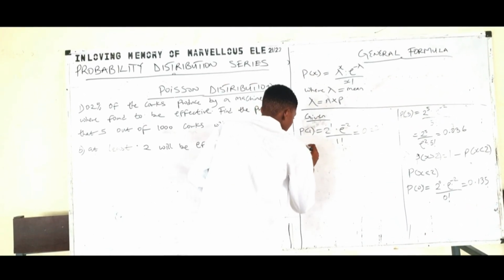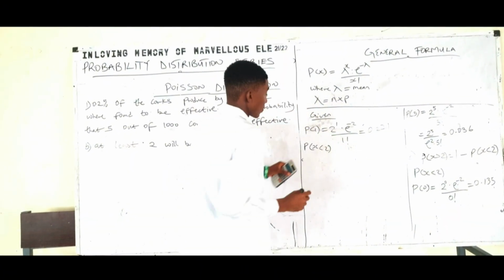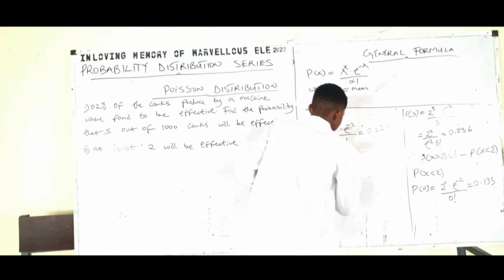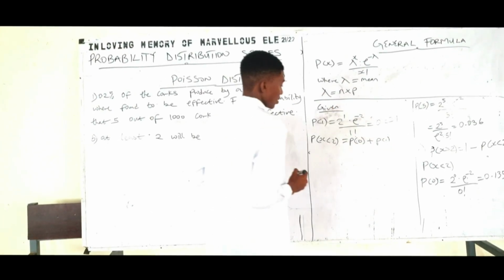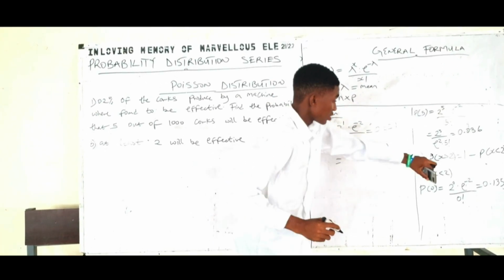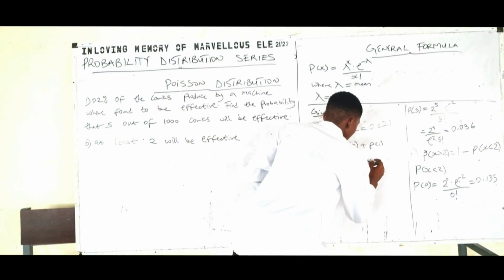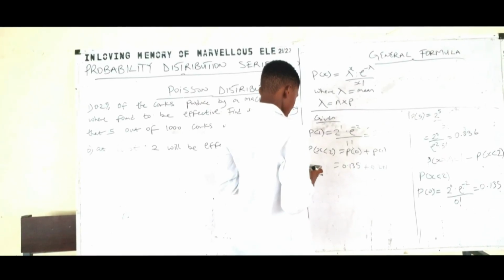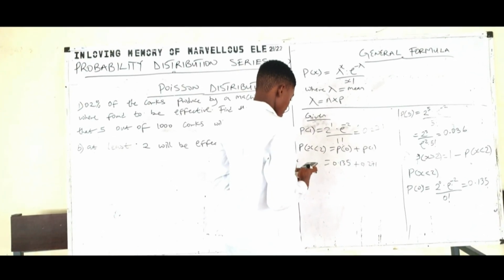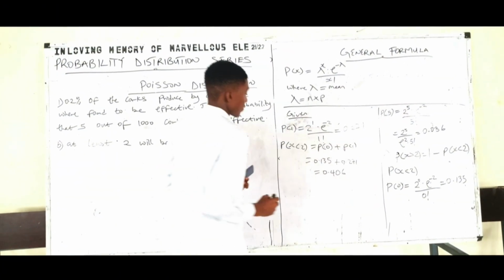So now probability of X less than 2 is probability of 0 plus probability of 1, which is 0.135 plus 0.271, equals 0.406.